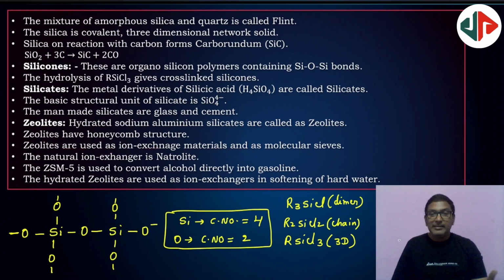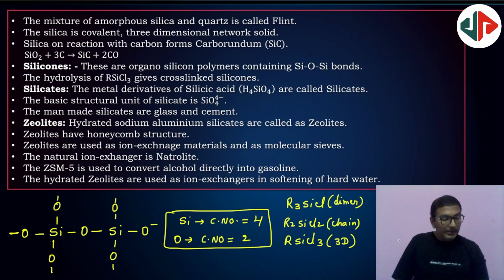In ion exchange process, zeolites can be used. Sodium permutit process will be there. Removal of hardness. Next, natural ion exchanger is natrolite. That can exchange hot water ions.